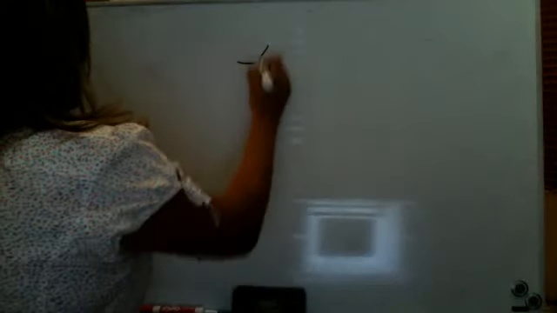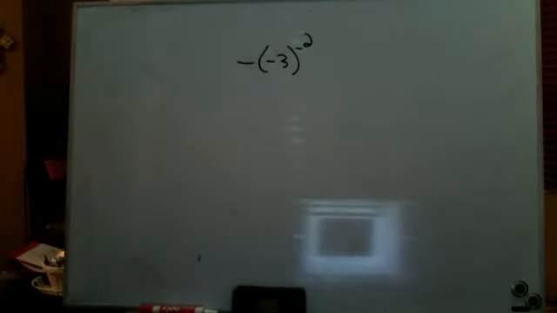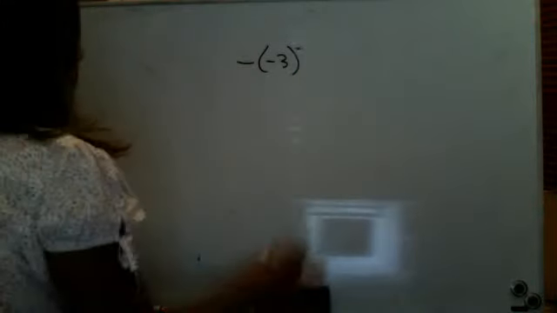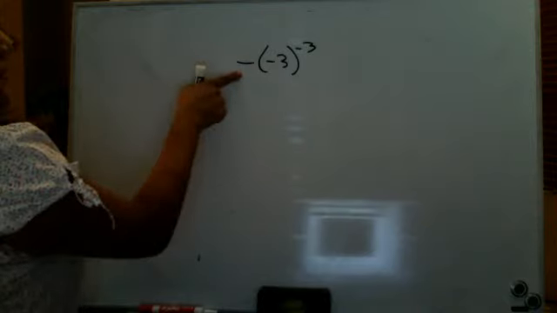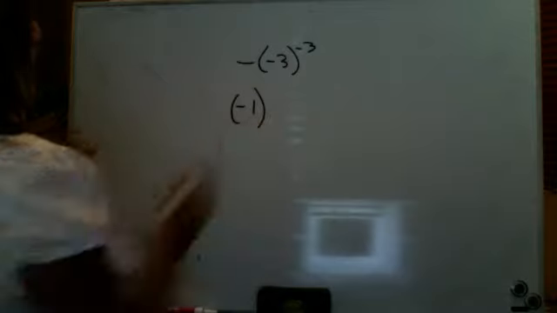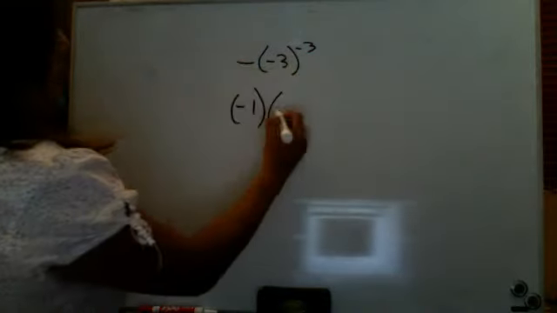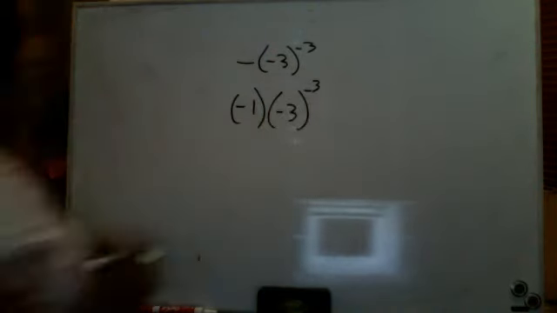Now, what if I had this? What if I had a negative times a negative 3 to the negative 3rd power? How would I do that? Well, the first thing we see is this negative is outside the parentheses, so it's not protected. So I'm going to put the implied negative 1. This one is protected by the parentheses, so it's going to go to that power.